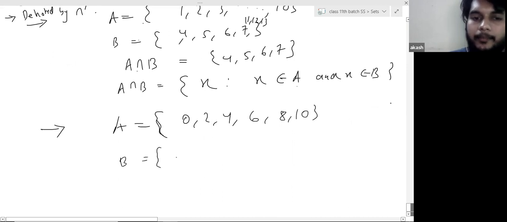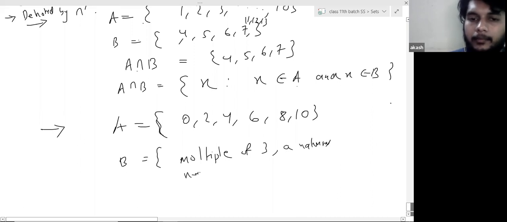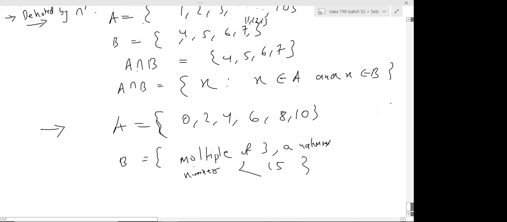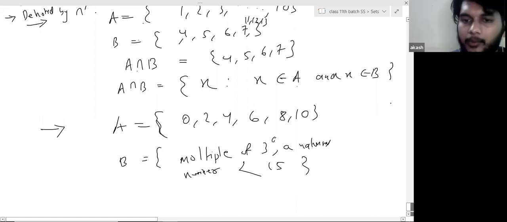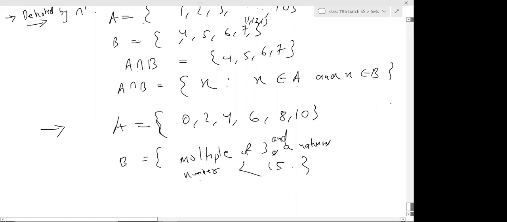And B is the multiples of 3 that are natural numbers less than 15.